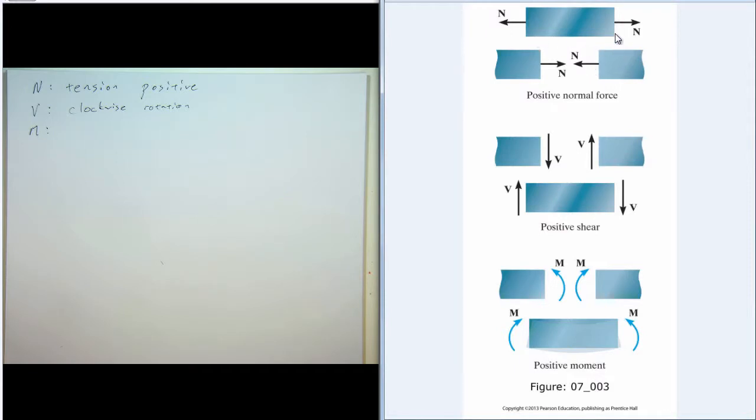Normal force is positive in tension. Shear force is positive if it causes a clockwise rotation. And the bending moment is positive if it makes the member want to form a smiley face. If you think of grabbing each end of this section and applying a moment, like twisting it in those directions, it would bend down and make sort of a smiley face. You can see that it's shaded in light gray as being concave up.